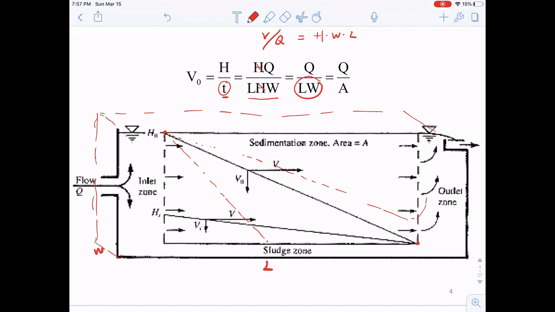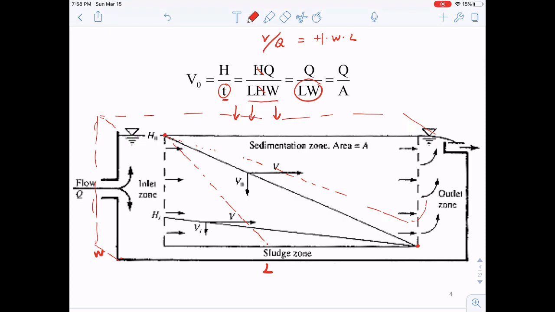So it's just the area if you look from this direction here. Okay? So basically, if we calculate this overflow rate or this critical velocity, then we can compare against the settling velocity of the particles and decide whether they will get removed or not.